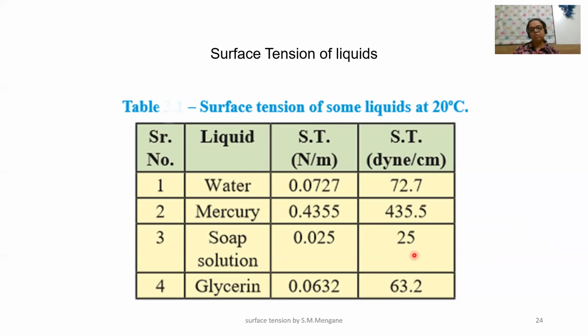Or we also say the surface tension of water decreases by using soap solution. So if we add detergent in water, then we get soap solution. It means by adding detergent, we can decrease the surface tension.